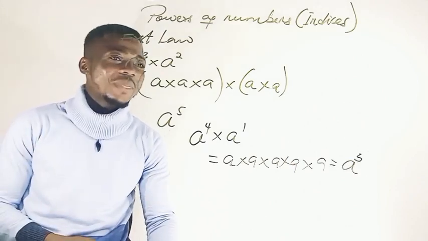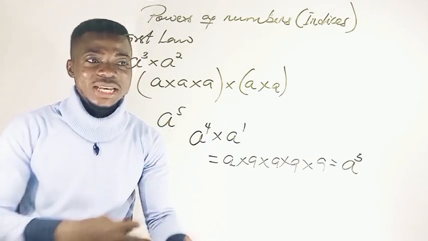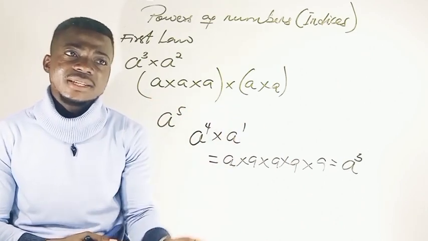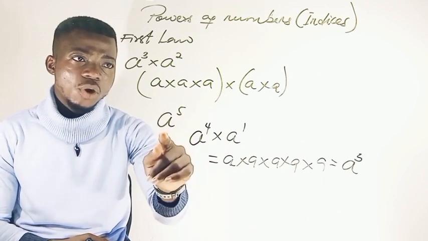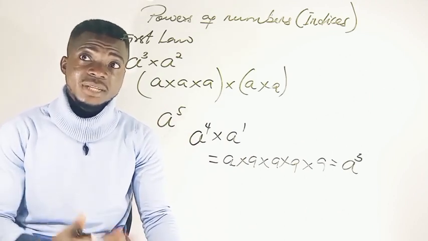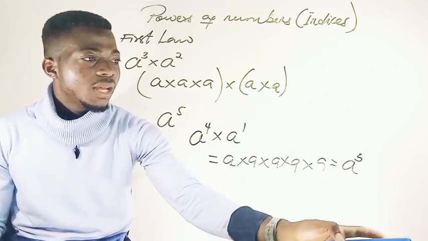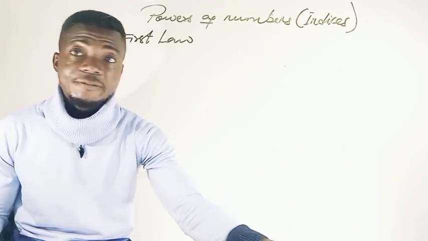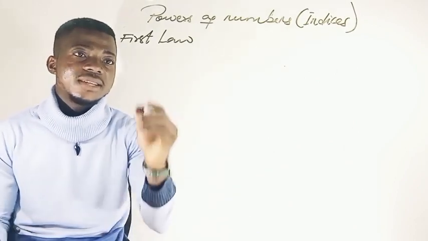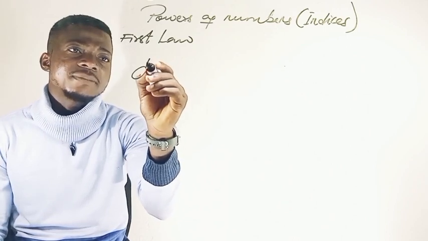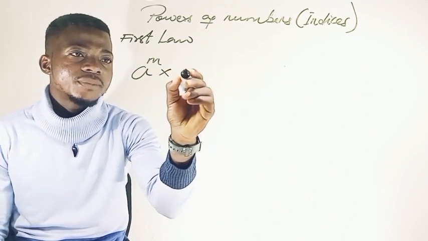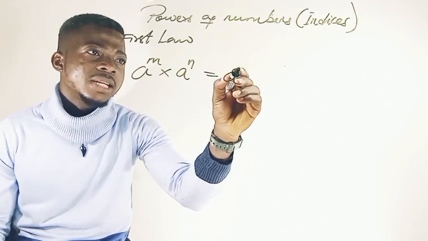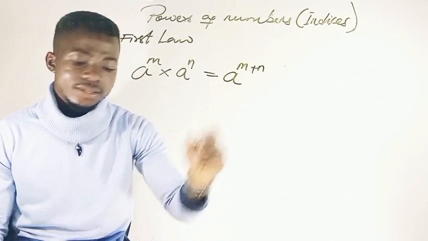Looking at this, we can deduce a law. Can't you see that here we had 3 a's, here 2 a's, and when we multiplied them, we got 5 a's, or a exponent 5? That means we can deduce the first law of indices. The law says that if you have a exponent m times a exponent n, it is going to be a exponent m plus n.